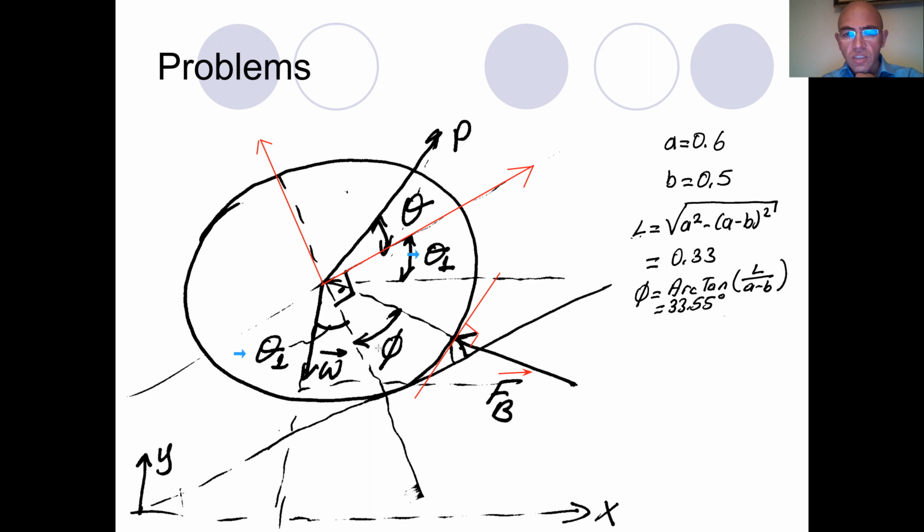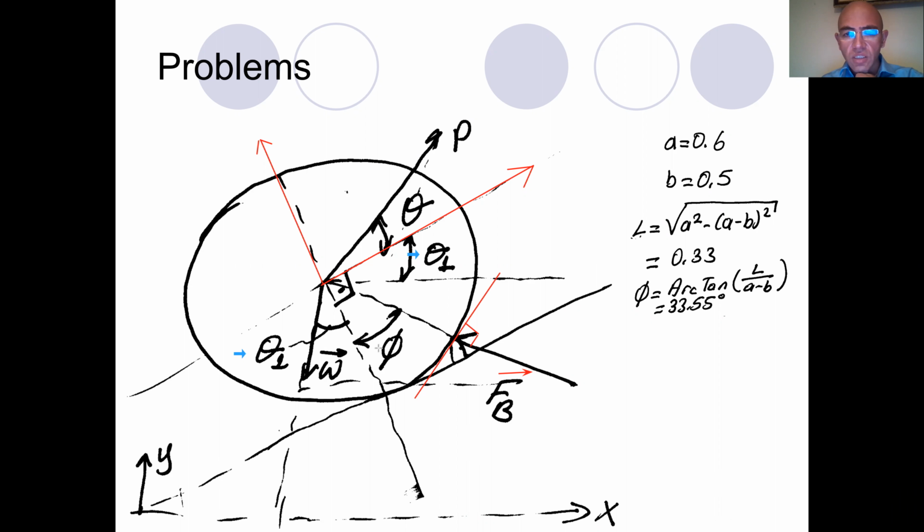Now the weight is downwards. It is in negative y direction. So it is negative W j, and W is mass times gravitational acceleration. Gravitational acceleration is considered to be 9.81 meters per second squared. Now FB.